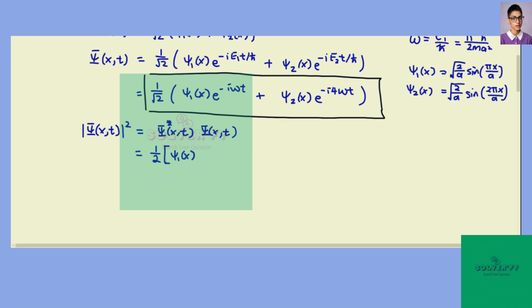Because the spatial wave function is real, I'm not going to put a star, but the time phase factor goes from minus i to i. Then psi 2(x) e to the i 4 omega t. So this is the psi star, and the psi without the star you can just copy.